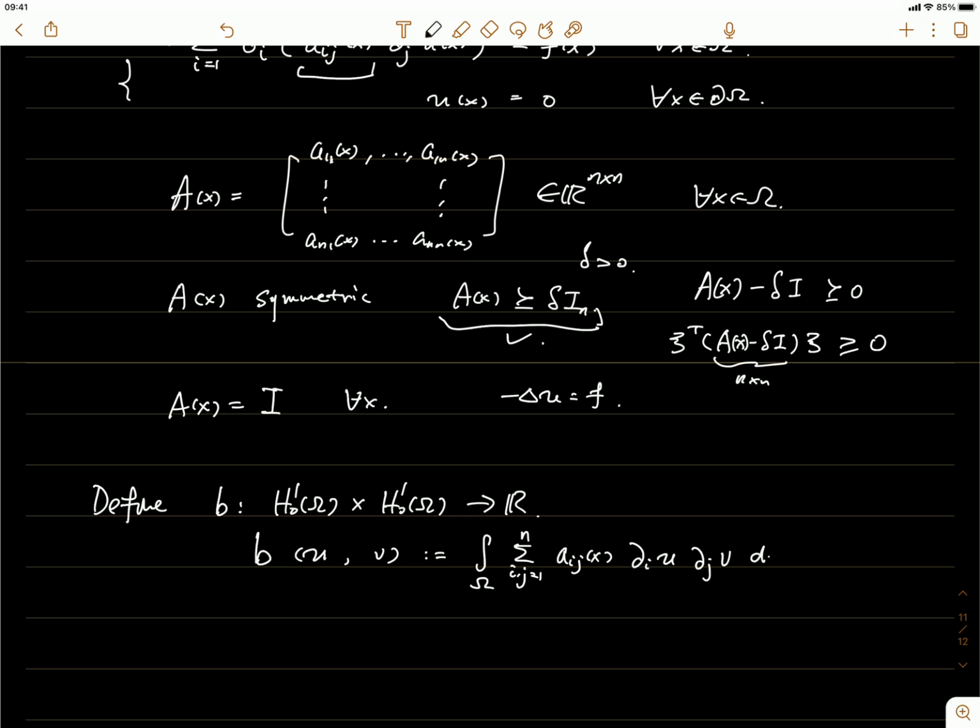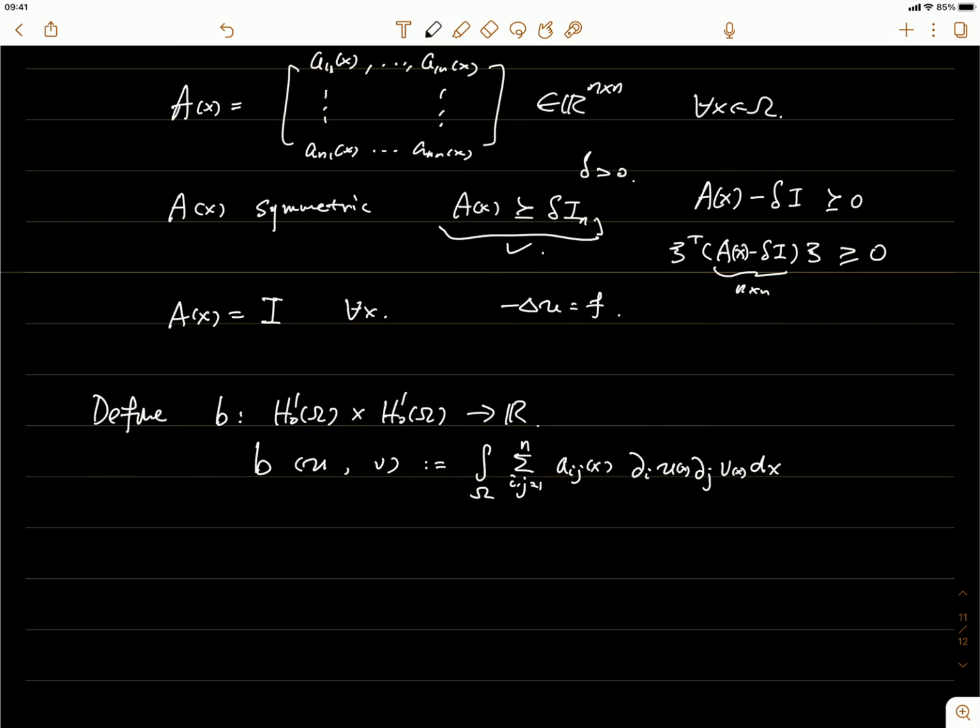Remember this is for every point x, then you take the integral. This is how we define this B function. So it takes any two functions u and v, and you get a scalar.